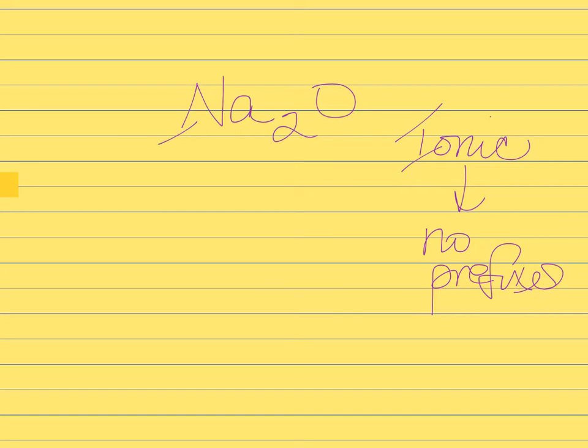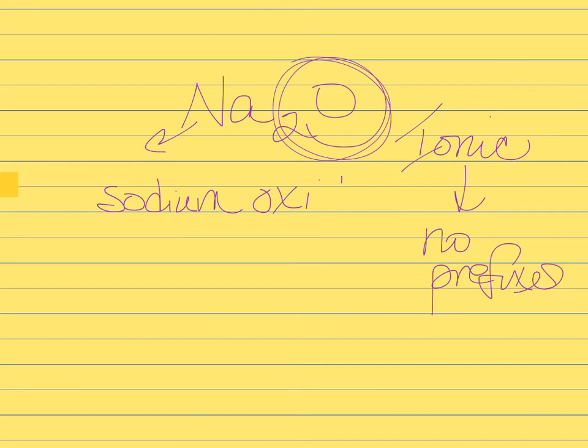So the first element simply has the name of the element itself, sodium, and the second element, if it's just an element from the periodic table, has an ending or a suffix of -ide. So sodium oxide is all you do here.